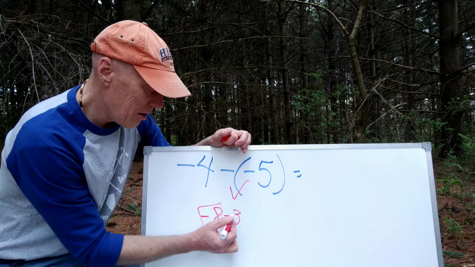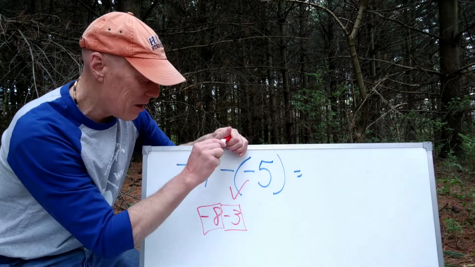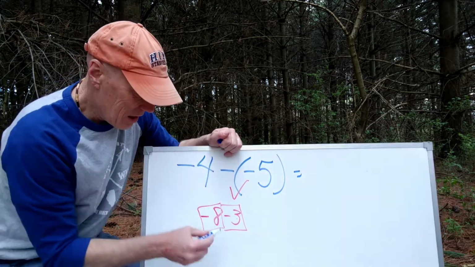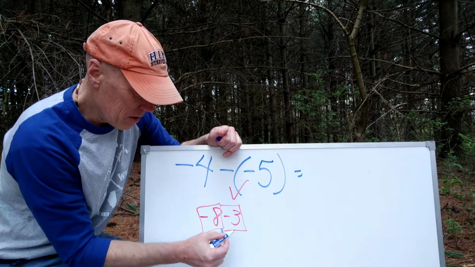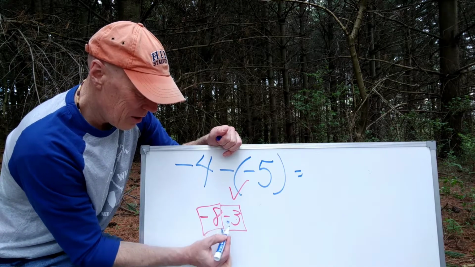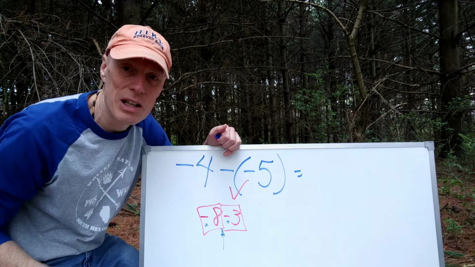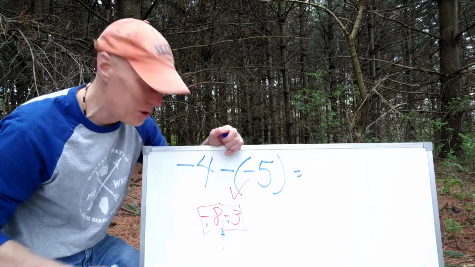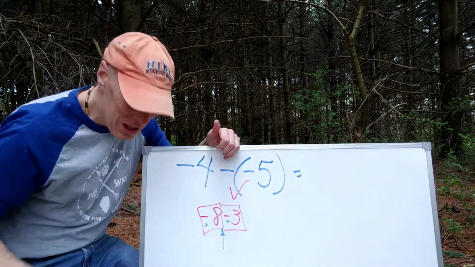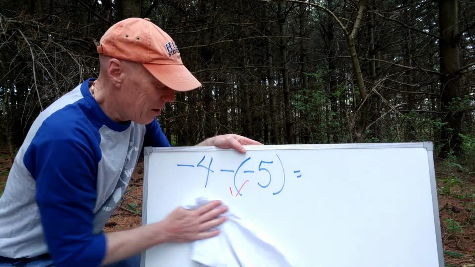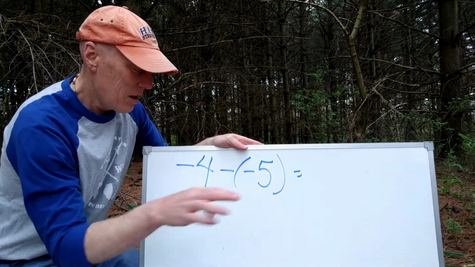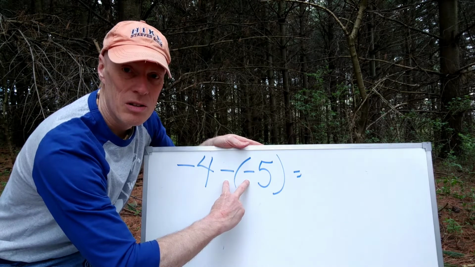These are separated. This is a negative 8 here, this is a negative 8 here, and there is a number that separates this particular negative sign and this particular negative sign. And when a number separates those two, this is not a double negative. A double negative is where they are right next to each other.